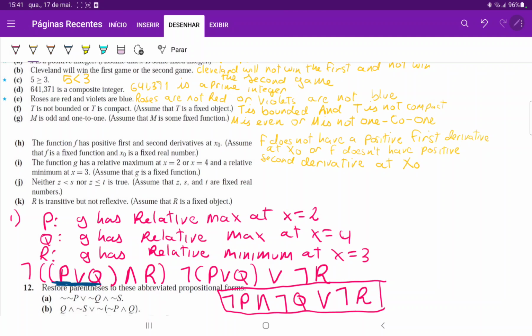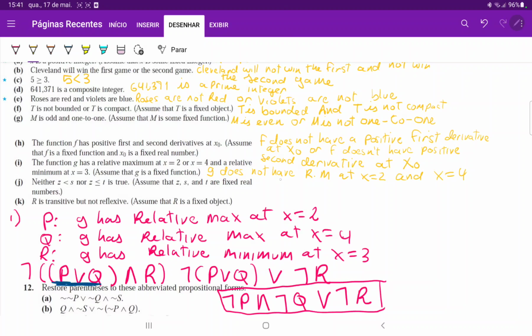This is not P, so G does not have relative max at x equals 2, and not Q: G does not have relative max at x equals 4.